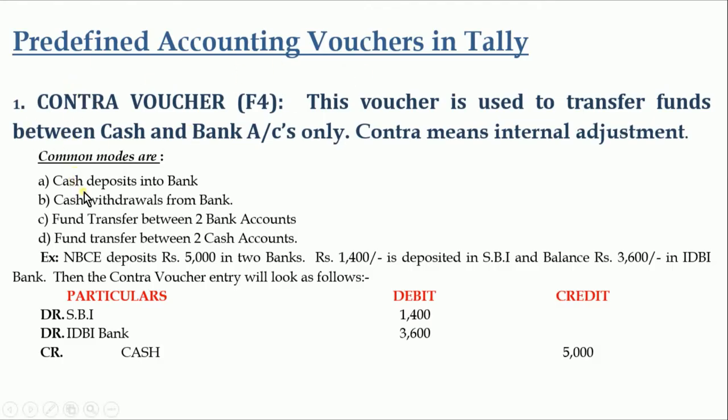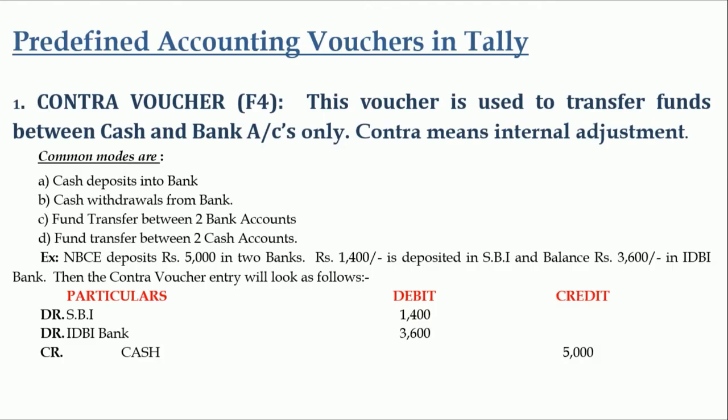And here we can see some examples. Cash deposited into bank: there will be a credit for business cash, and for the bank account, debit. Cash withdrawn from bank: then bank account credit, cash account debit.